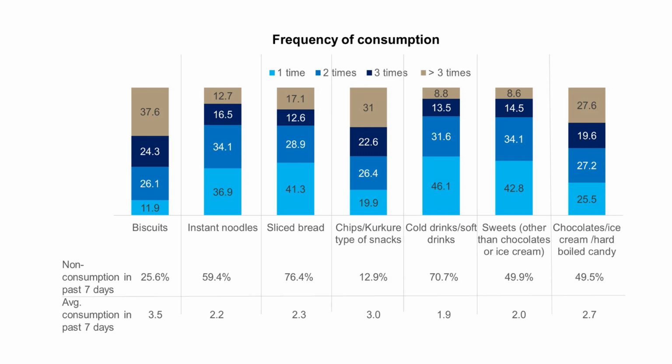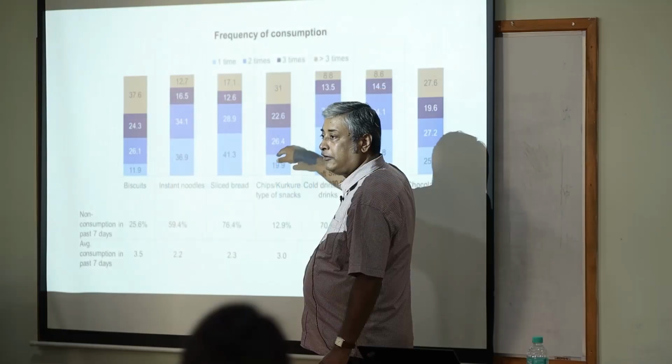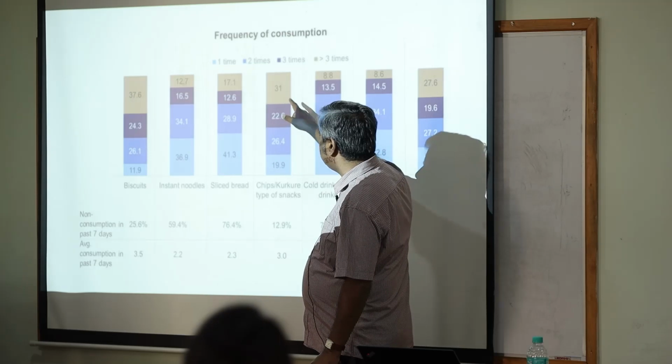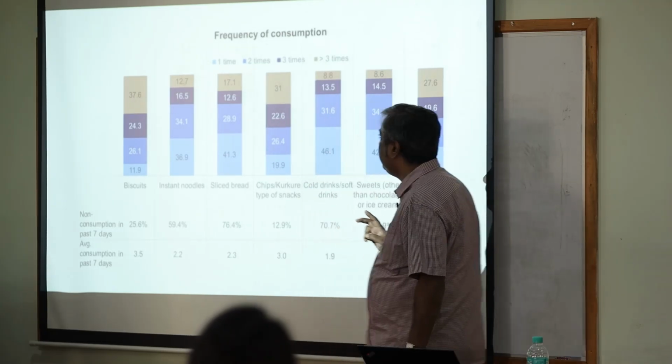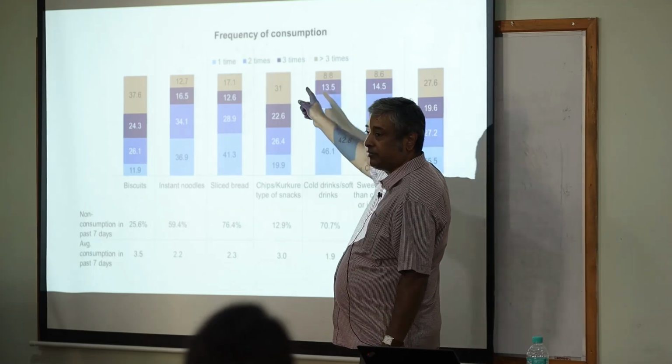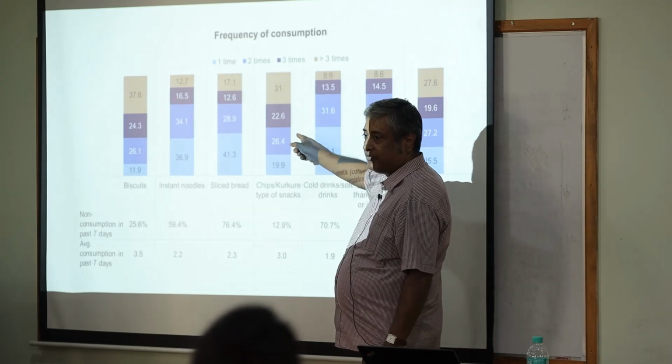And look at the frequency. There is quite a decent bit of it. If you take chips and kurkure and add these two together, this is close to 50%. 50% of the people have had it at least 2 to 3 times in the past 7 days, right?